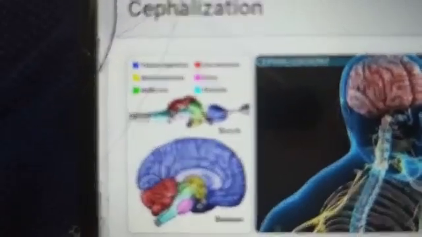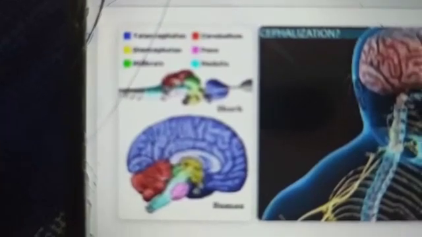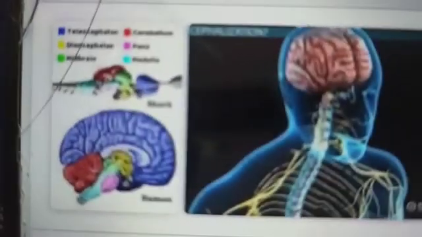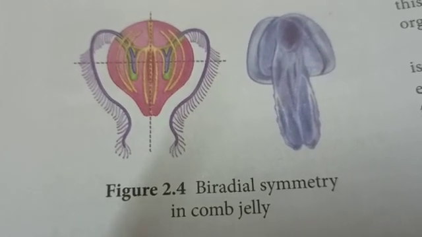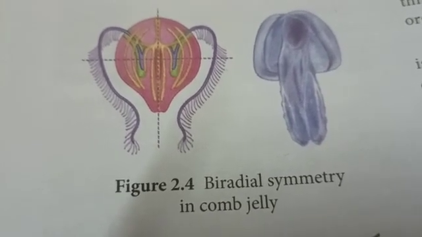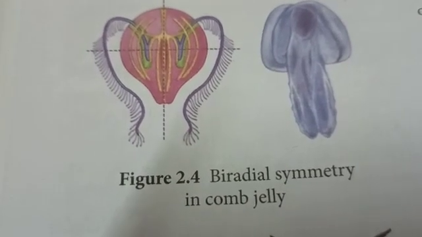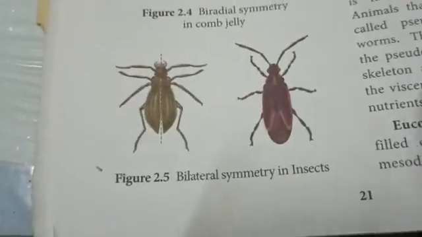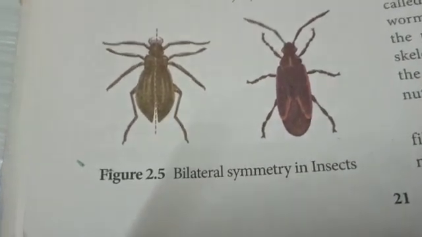This is associated with movement and bilateral symmetry, such that the animal has a definite head end. These are the organisms, examples for biradial symmetry: comb jellyfish. The next one is bilateral symmetry in insects.